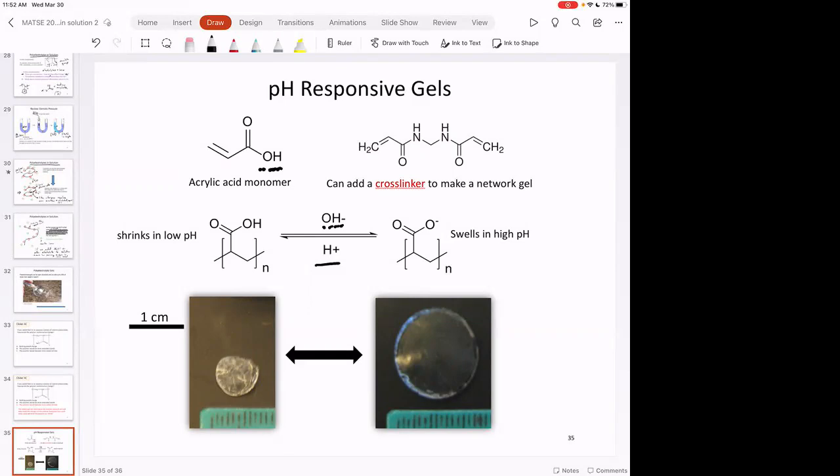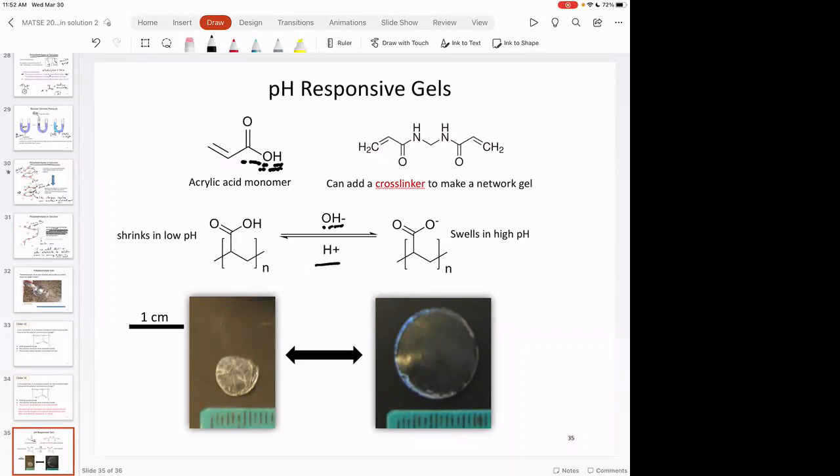Sodium acrylate has a sodium on there, and acrylic acid has a carboxylic acid built into it. So this is a carboxylate group, and this is going to be our acidic proton. And so if you take an acid and you put it in high pH, what does high pH mean? What's the definition of high pH?